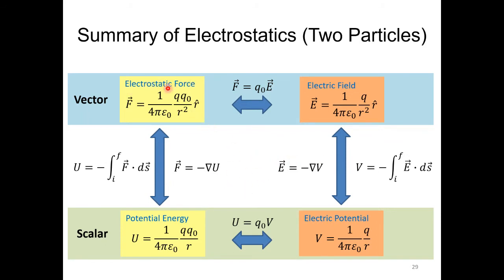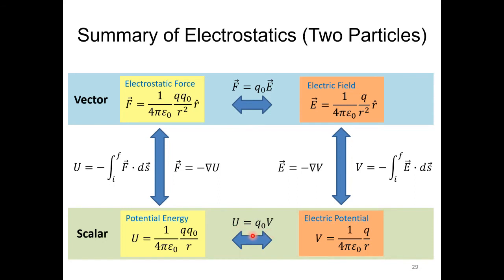For the Coulomb's force and the electric field, we learned it at the very beginning of chapter 22. They are just proportional to each other. You just multiply the E field by the test charge, and then it will be the electrostatic force. And between the potential energy and the electric potential, you learned it just now.